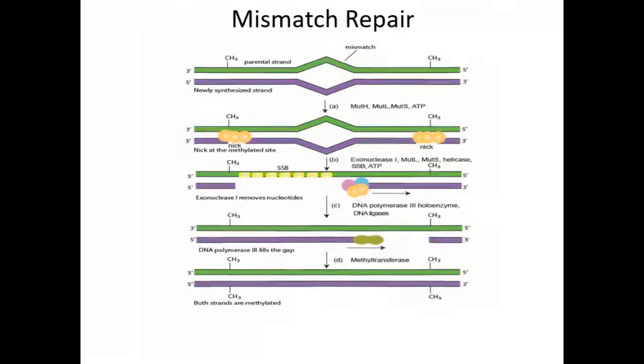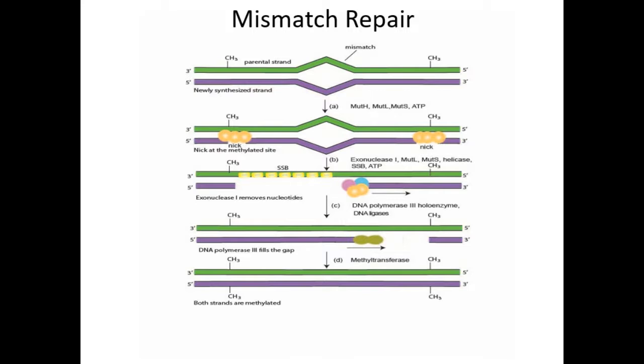Then the MutH protein will digest the daughter strand, and then the helicase UvrD will unwind the DNA from the nick and proceed past the mismatched nucleotide.